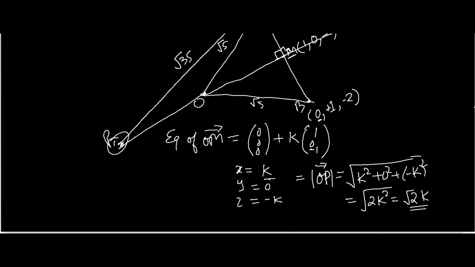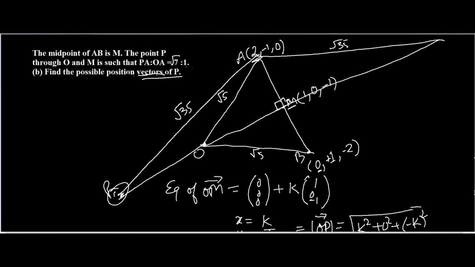Yeah? So now the values of K are to be found out, and we can find that by Pythagorean theorem, because we know the length of AM. Let's find AM also. Magnitude will be square root of 2 minus 1 square.